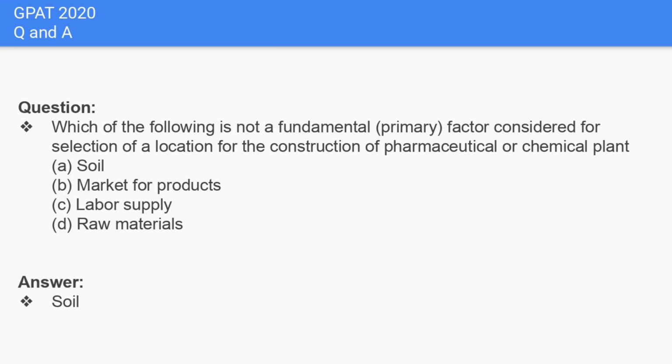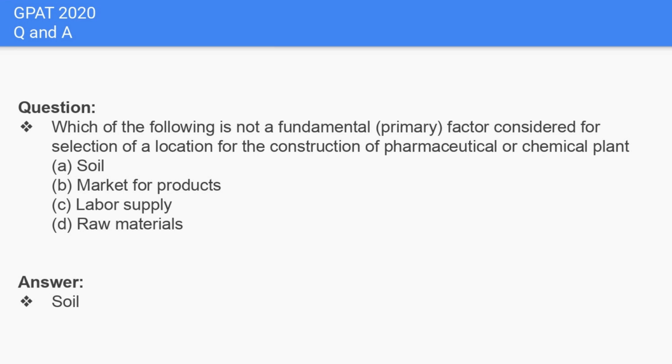But the pharmaceutical operations are directly related to market for the product. We have to consider whether the product being manufactured there can be sold in the market of the nearby locations. If we construct a plant where adequate labor supply is not available, we cannot do manufacturing operations in that plant.